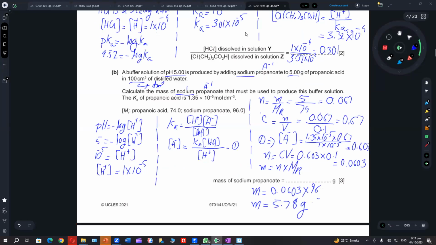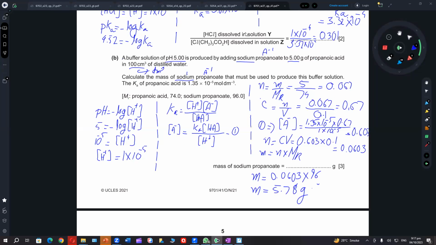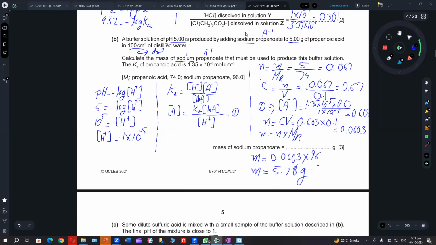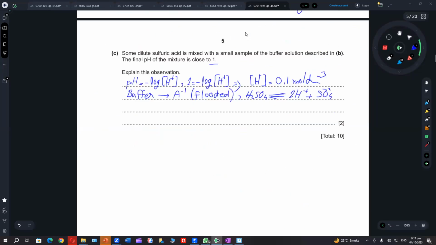It's sodium propanoate and propanoic acid. So do you think that H plus is reacting with A minus? Yes, it will. H plus will start eating up A minus coming from the salt, and it is making HA.